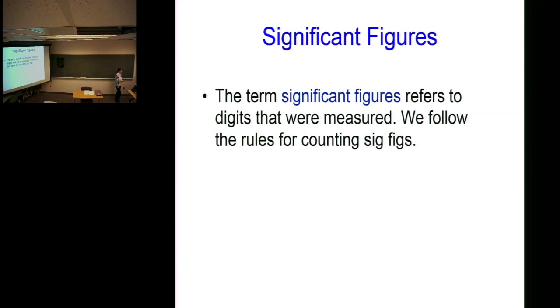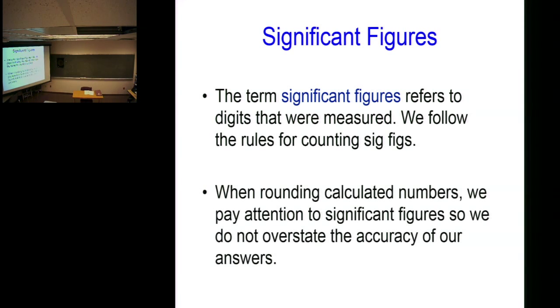We have them because we need to pay attention to the calculations with measured numbers. That estimated digit helps us understand accuracy. So we count the significant figures to make sure we don't come up with an answer that's more accurate than the instruments we used to measure. That's the purpose of significant figures, and we're going to use them in our calculations.